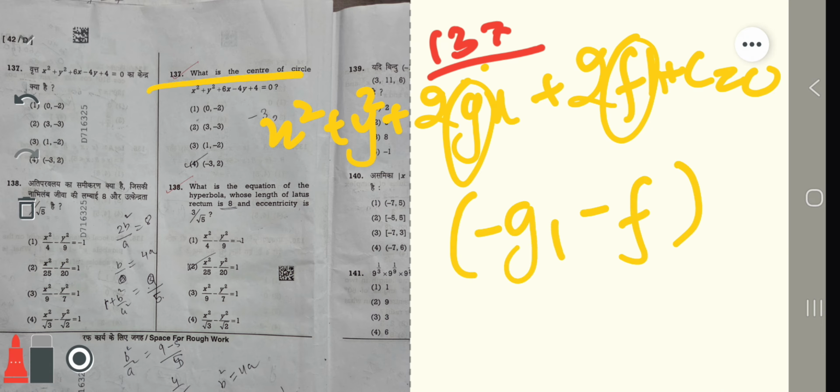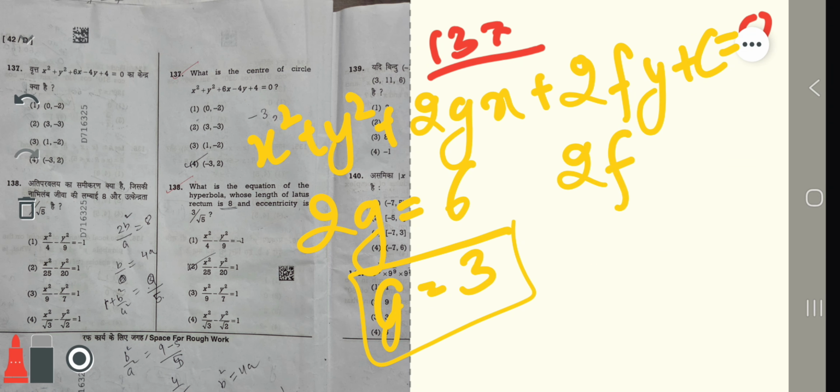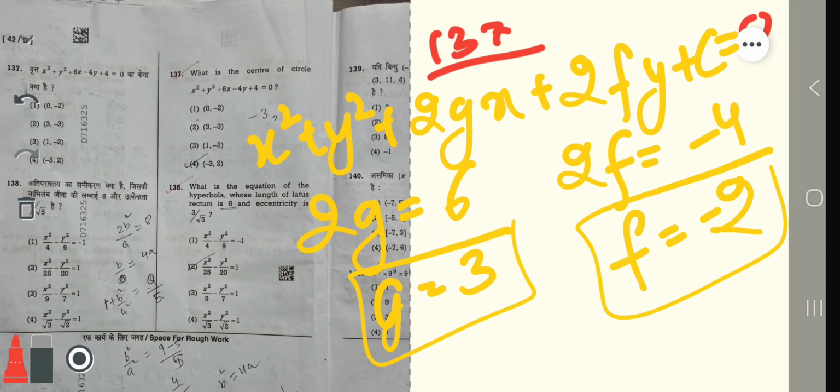And when you compare this given equation, 2g equals minus 6 and g equals minus 3, right? And 2f equals minus 4, f is minus 2. Therefore center of the given circle is minus g, minus of minus 3, comma minus f, minus of minus 2, which will be 3 comma 2. So option number 4 is the correct answer.